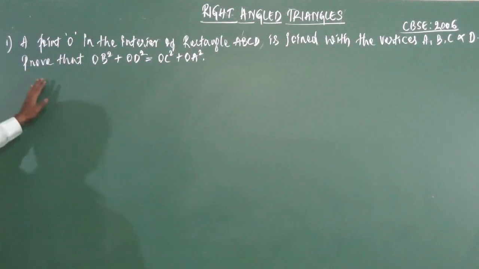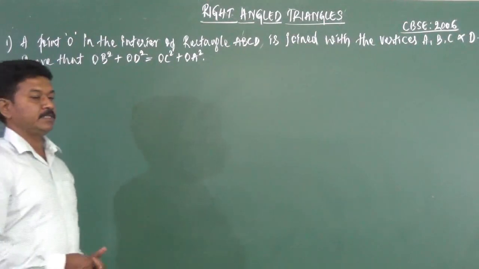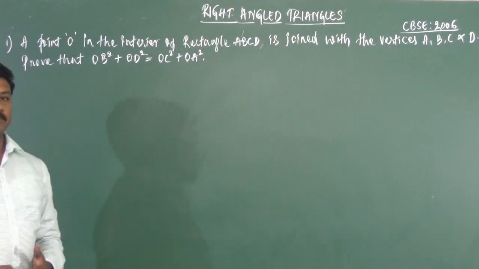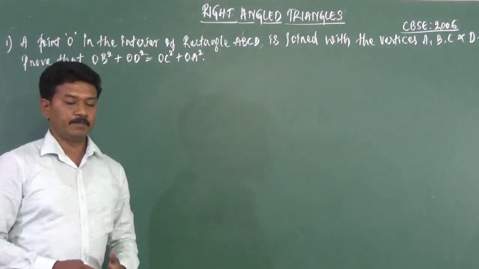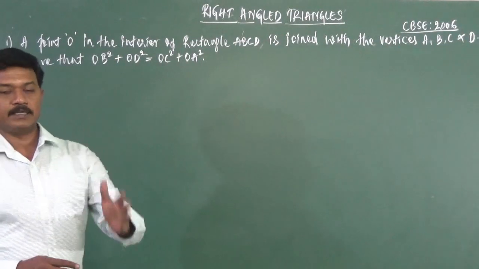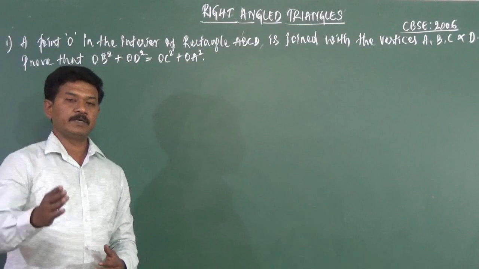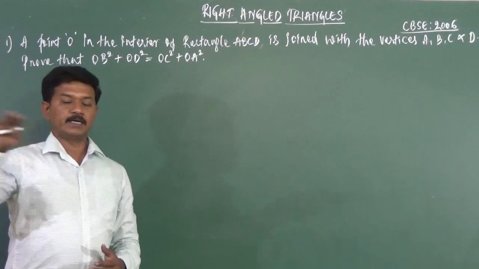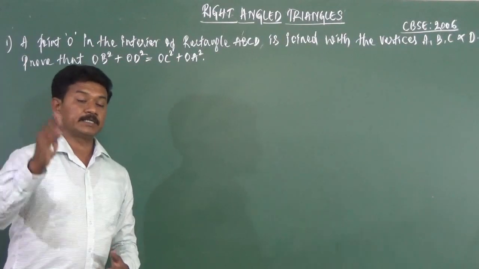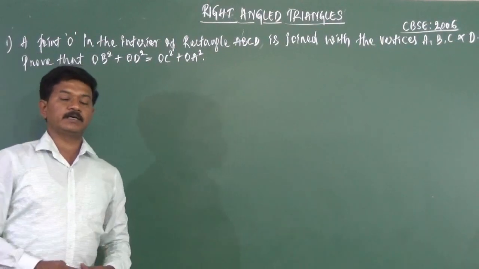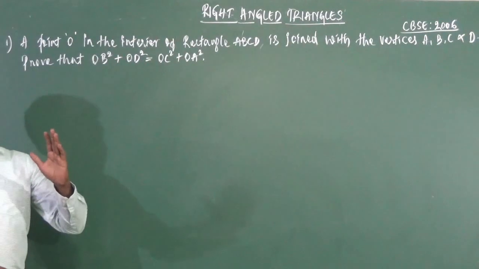A point O in the interior of rectangle ABCD. Why is a rectangle usually selected in problems of Pythagoras theorem? Because in a rectangle all the 4 angles are equal to 90 degrees. A rhombus will be taken because the diagonals bisect each other perpendicularly. Why will a square be taken on right angle triangle riders?